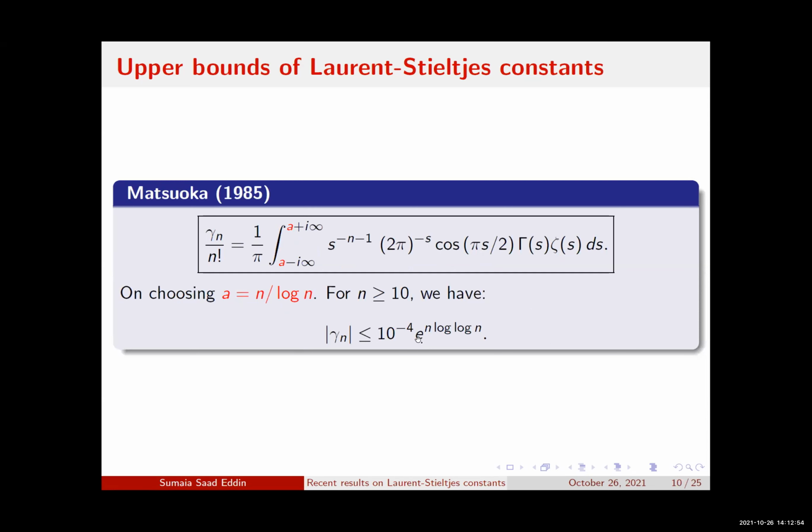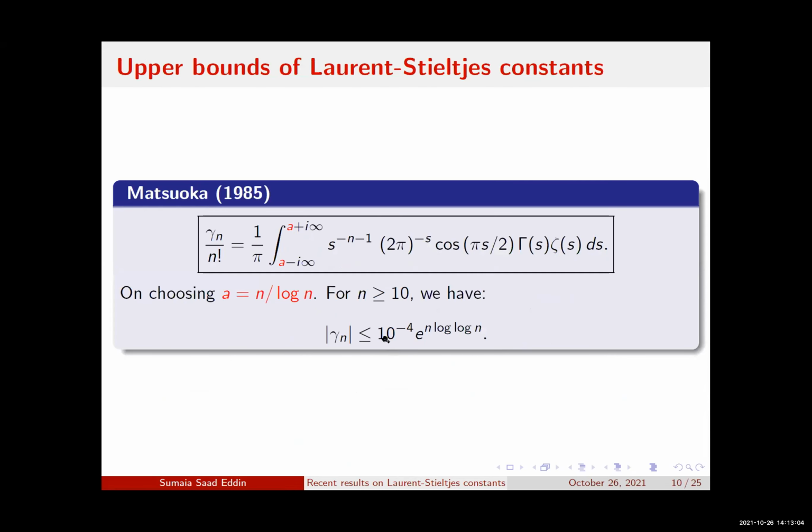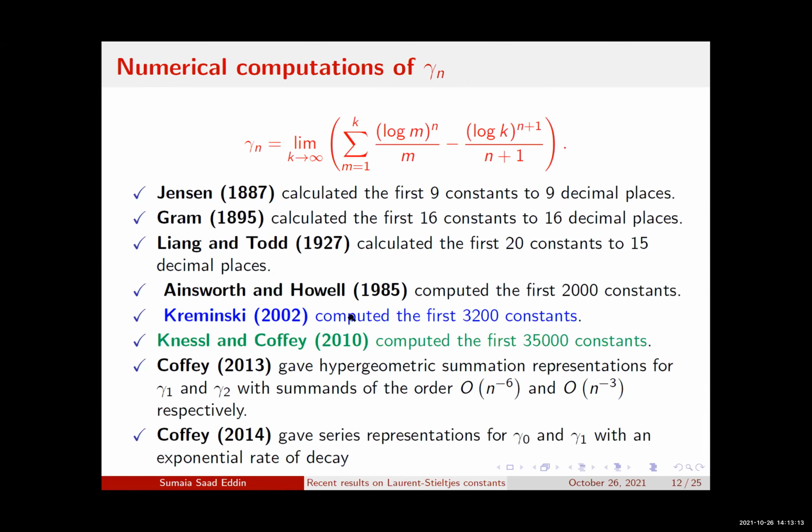We have exponential n log n, but this term is still much bigger than what we have here. So for this reason, at that time, Matsuoka's result is still the best, let's say.